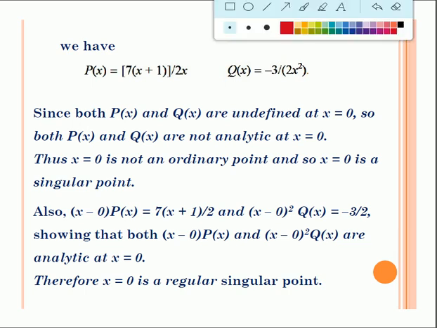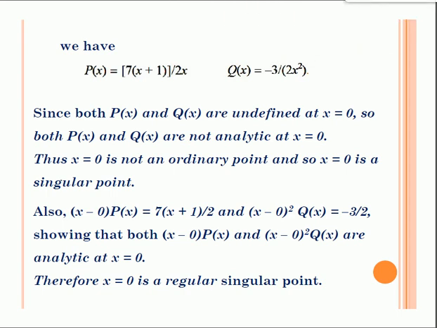I hope it is clear to everyone, and how to determine, for a given differential equation, whether the given point x equal to x naught is an ordinary point or singular point, or whether it is a regular singular point or irregular singular point.